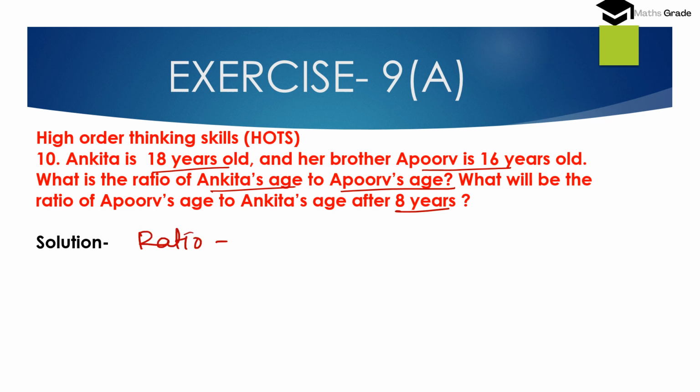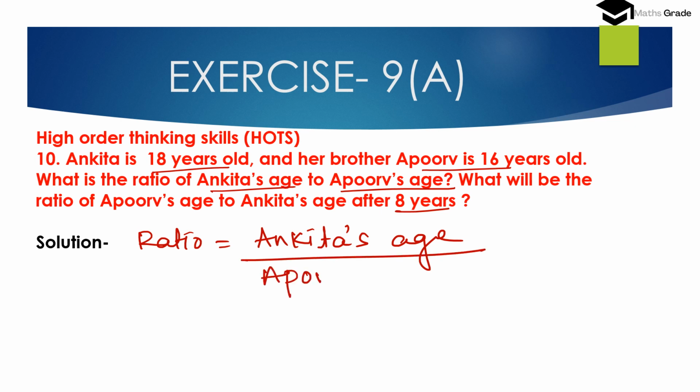So the ratio of Ankita's age to Apurv's age. Ankita's age is 18 years and Apurv's age is 16 years.